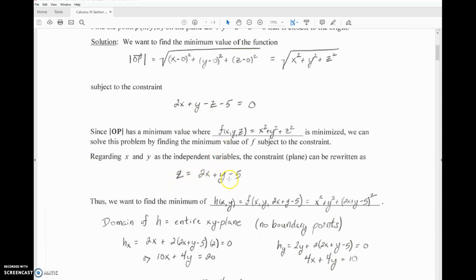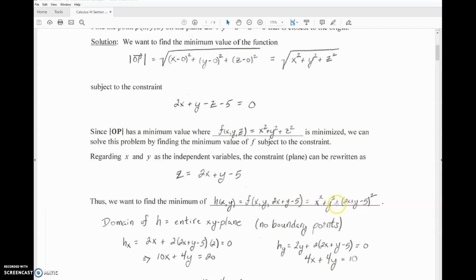Okay, so now, regarding x and y as the independent variables, I'm going to rewrite the plane as z equals 2x plus y minus 5. So in this function f, I'm going to plug in z equals 2x plus y minus 5. I want to find the minimum of h of x, y, which is f of x, y, and z, but z is 2x plus y minus 5. I'm forcing the points to be on that plane.